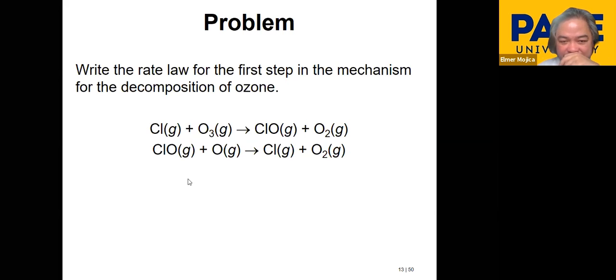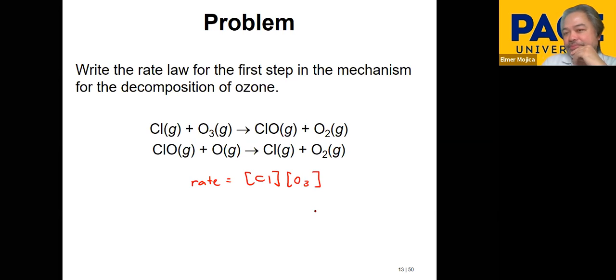If it says the first step, that means this rate is just equal to k[Cl][O3]. You might ask, where did you get this, professor? It says there to write the rate law for the first step in the mechanism. So this is the first, and this is what we call the second.